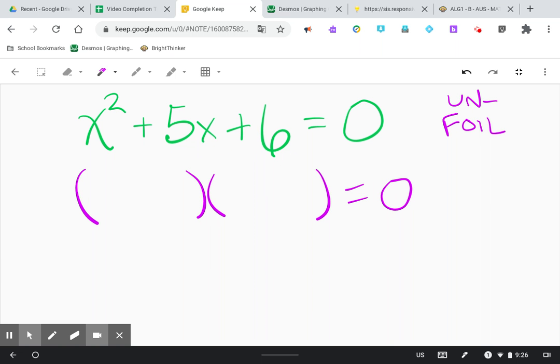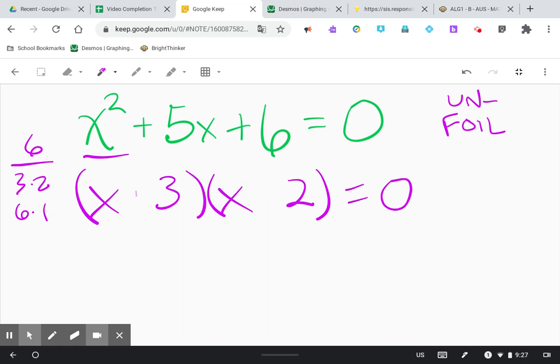I know that x times x gives me x squared. I know that 3 times 2 will give me 6. And yes, there are other options to make 6: 6 times 1 will give me 6. But only plus 3 and plus 2 will give me this expression.